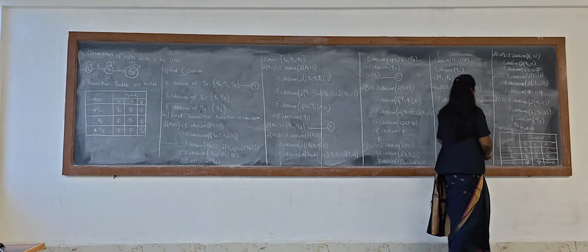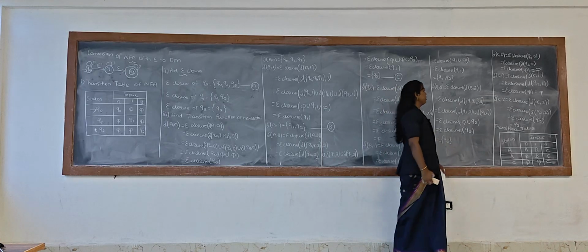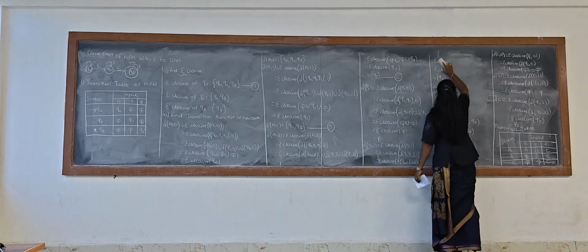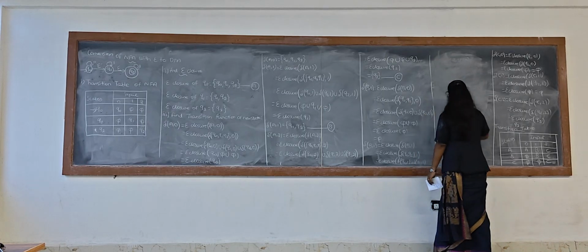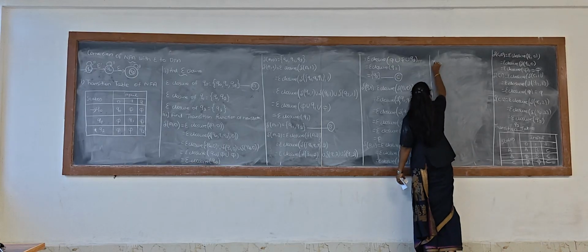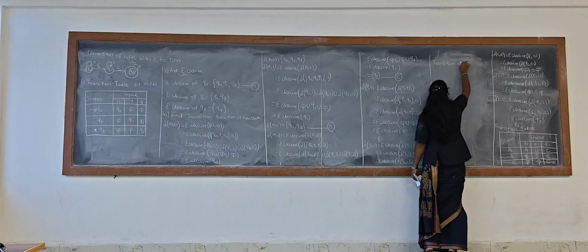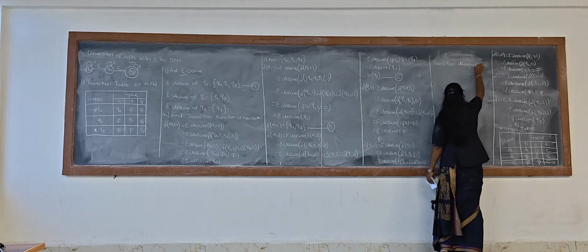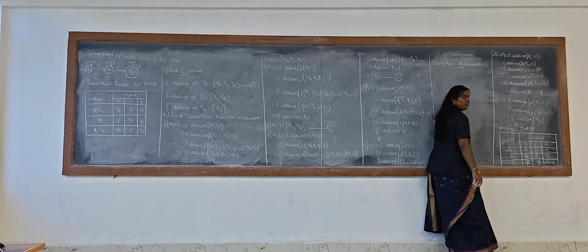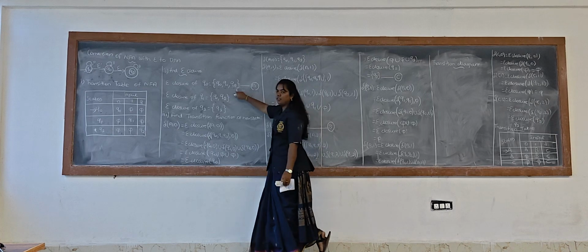Now we should construct the transition diagram. So here the initial state is A, and then B, C. In A state we are having Q0, in B state we are having Q1, Q2, and in C state we are having Q2.